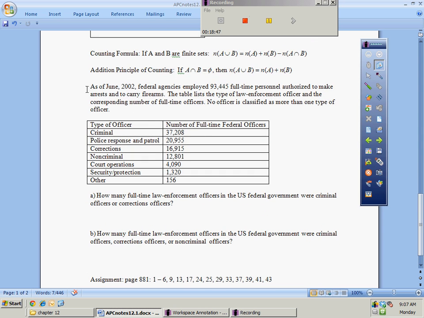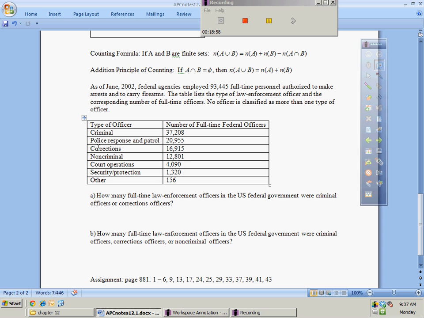As of June 2002, federal employees, and so on. The table lists the kinds of law enforcement officers; no officer is classified as more than one type of officer. How many full-time law enforcement officers were criminal officers or correction officers? What do I do with that?